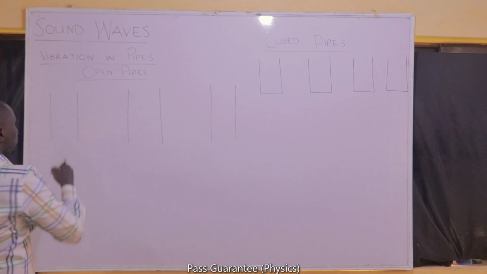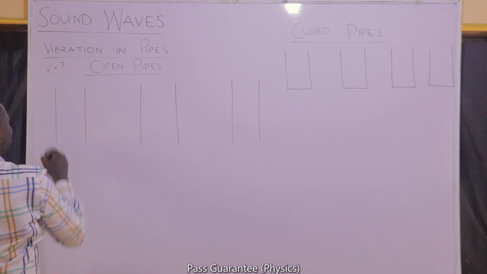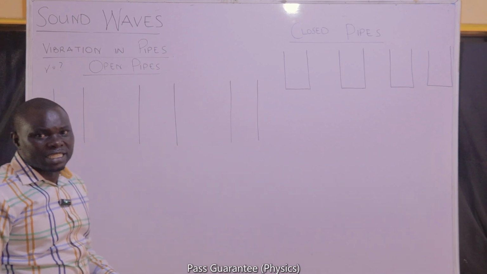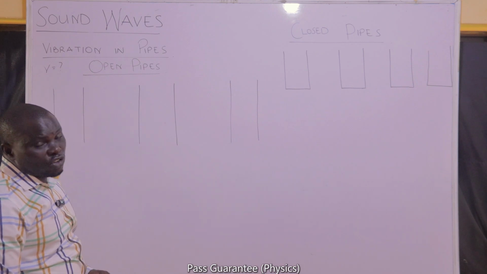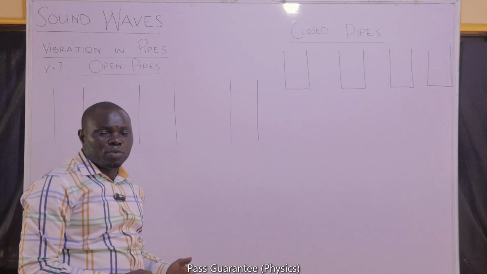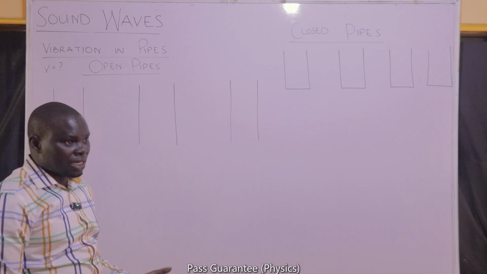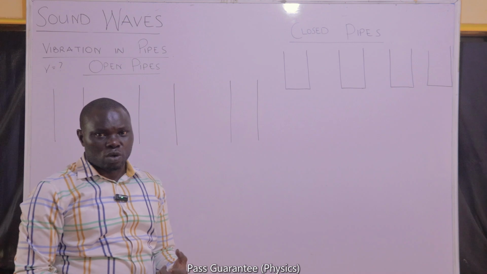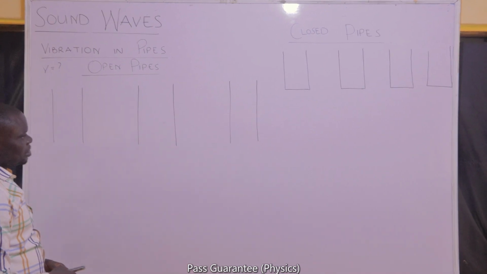It's usually given to us as a constant. When you find the velocity of sound in air, it is given to us as a constant. But if it is a string, I hope you know that we always calculate the velocity of the wave produced by a string using the formula that I gave you earlier. The velocity is equal to the square root of T over the mass per unit length.